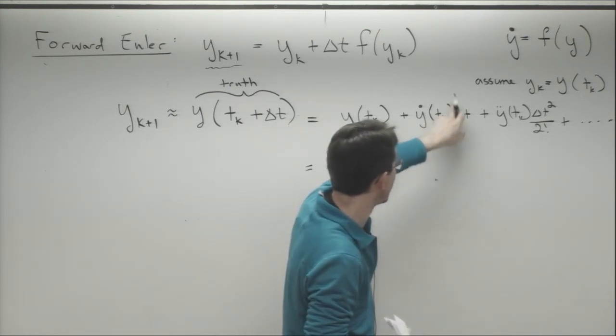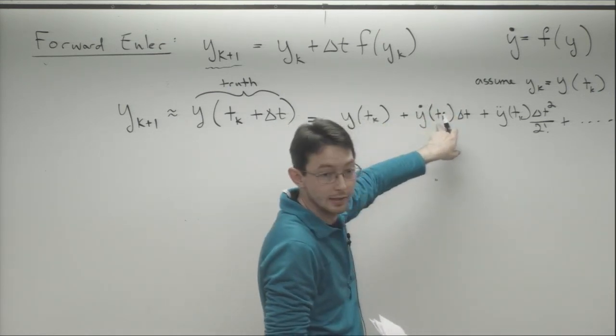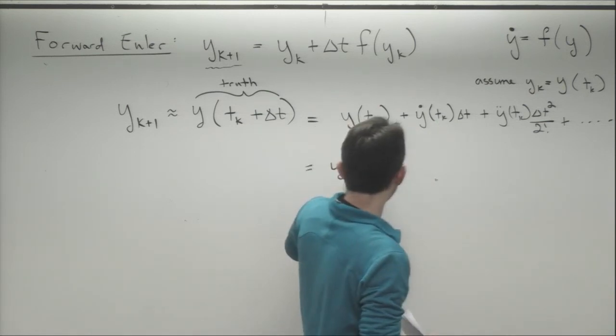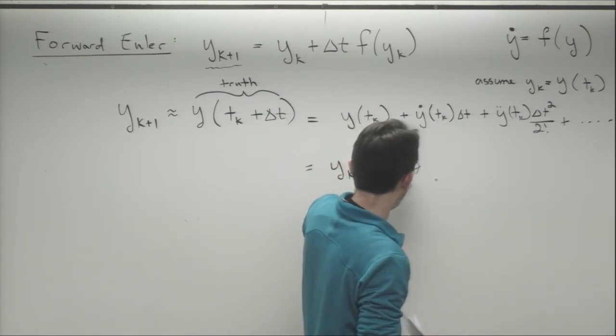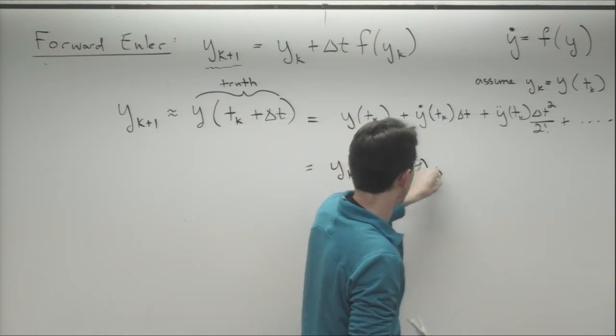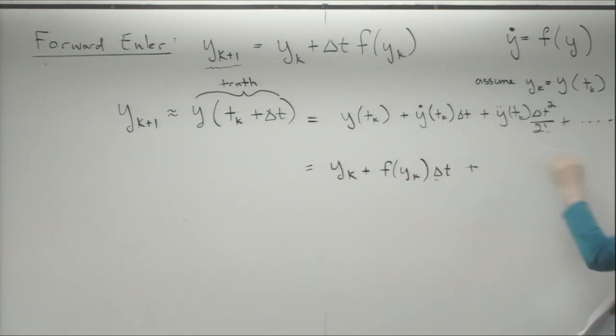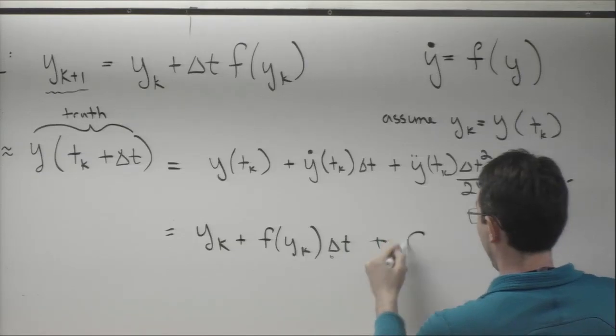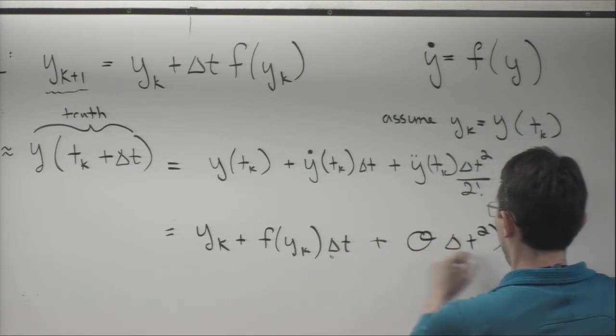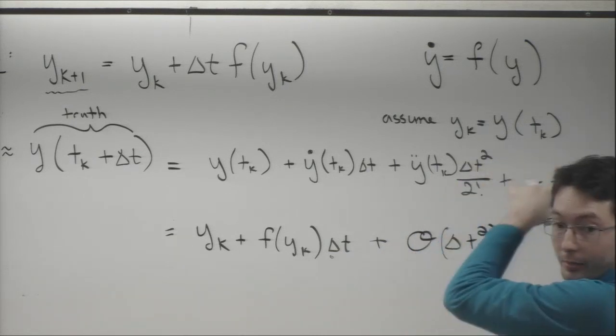So I can say that this is f of y evaluated at tk. So that's plus f of yk delta t plus all of this stuff. I'm just going to say that's order delta t squared. Everything else that I'm not going to keep writing is just order delta t squared and cubed and fourth and so on.